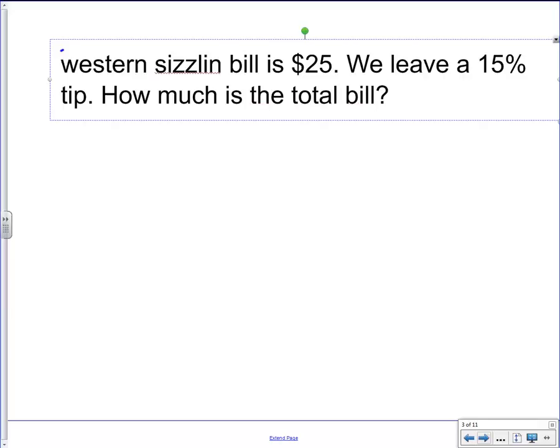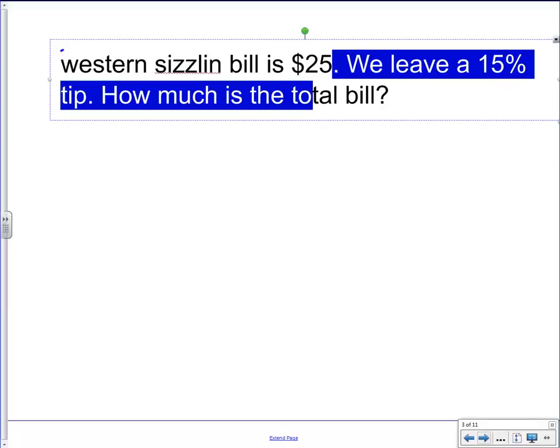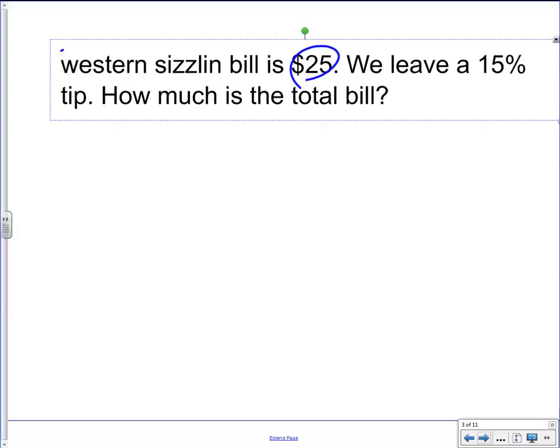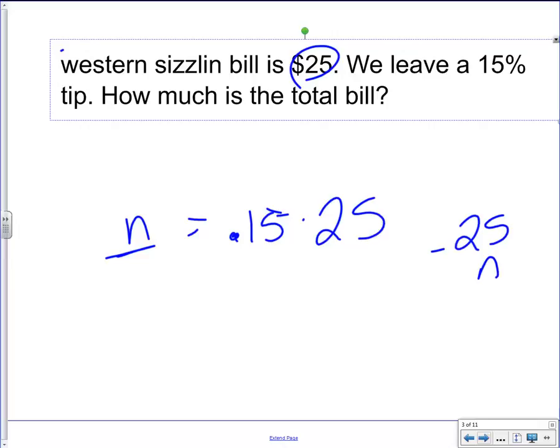Okay, so we go through here and we just set it up. The $25 is your whole. The tip is 0.15 as the decimal. We're looking for how much the tip actually was, and then we're going to add the tip back to the $25 to find out what it was.